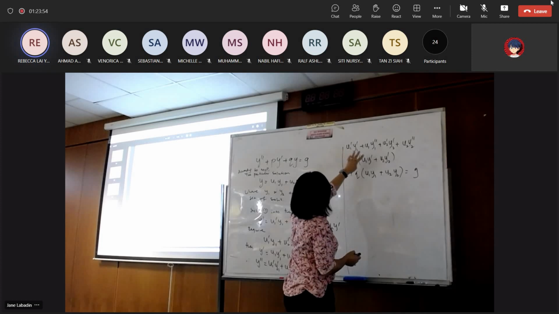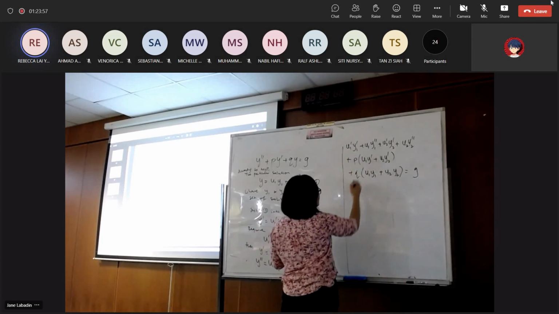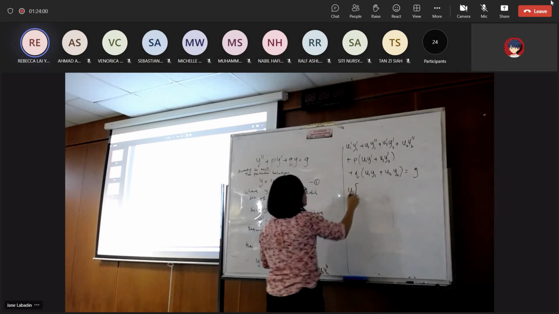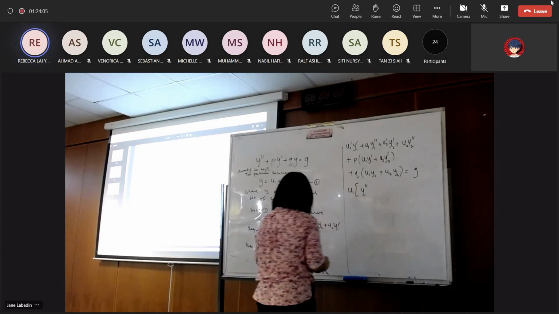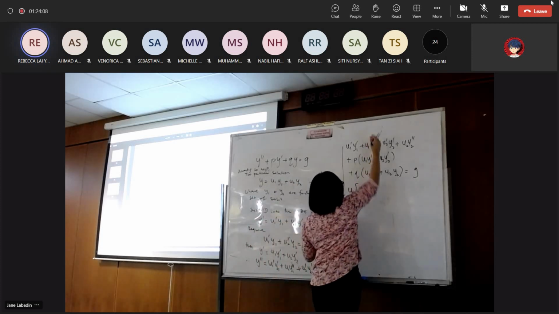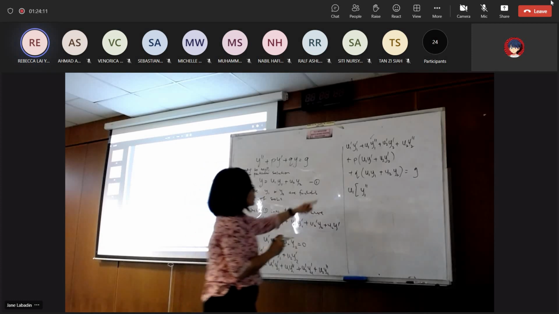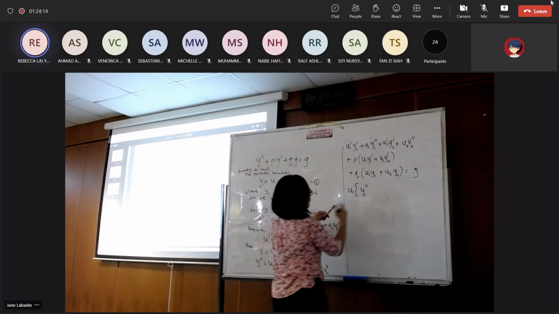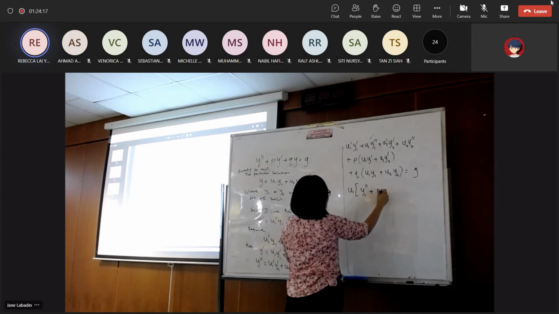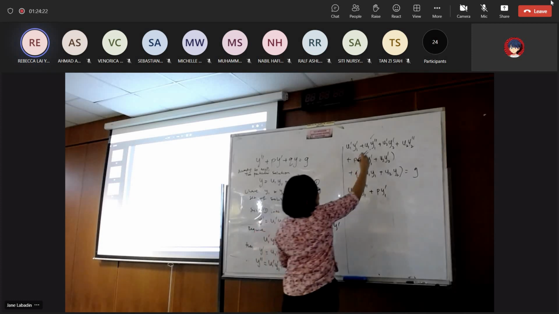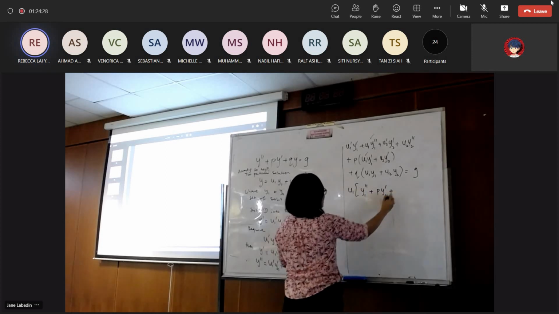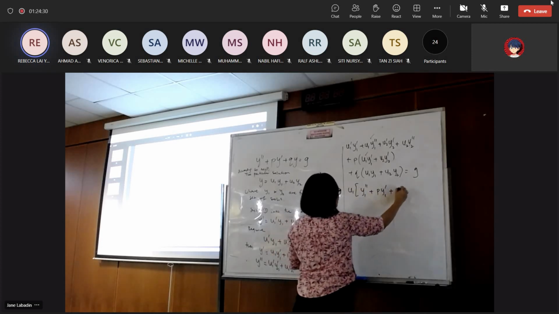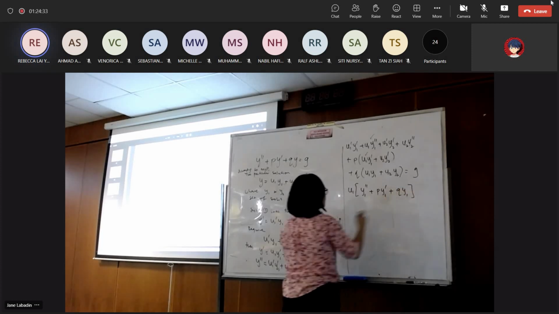Okay, now I collect all these first. U1, so I have y1 double prime, that's this, and then I have plus p y1 prime, which is this, and then plus q y1, which is this.